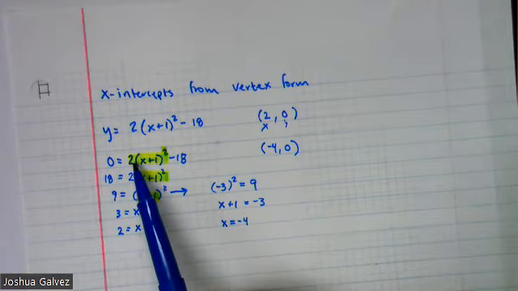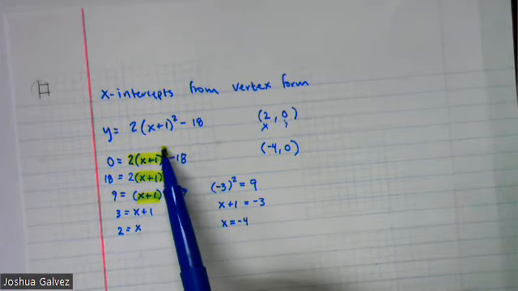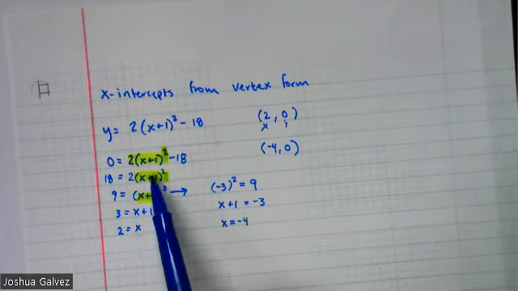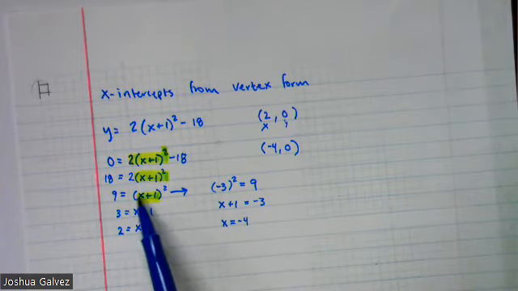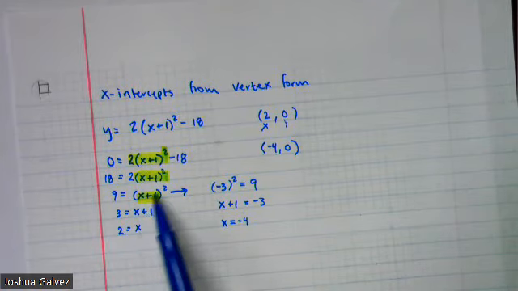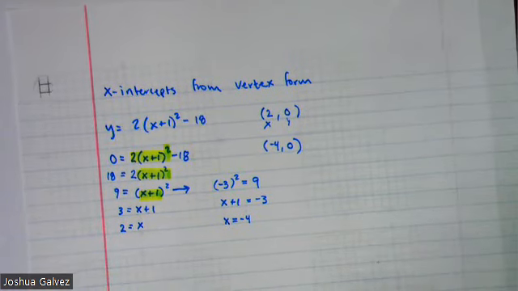We know 18 minus 18 equals 0. So that means all this yellow stuff has to be 18. We know 2 times 9 equals 18. So that means all this stuff has to be 9. And if this stuff is 9, this squared equals 9. So that has to be either 3 or negative 3. And that means x can be 2 or x can be negative 4.